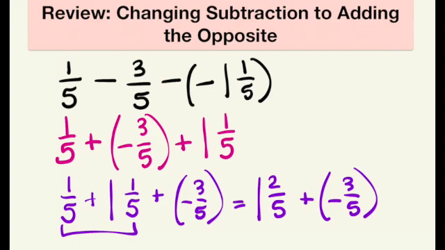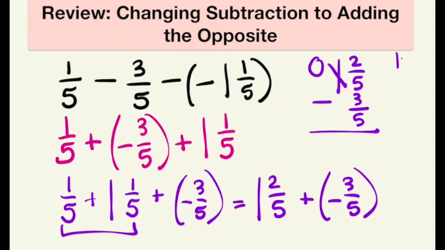So there's a couple ways that I can do this, because I can set this up like a regular subtraction problem, and I can actually borrow from my 1. And since 1 is equal to 5/5, I'm going to add 5 up here to get 7/5. And 7/5 minus 3/5 is 4/5.